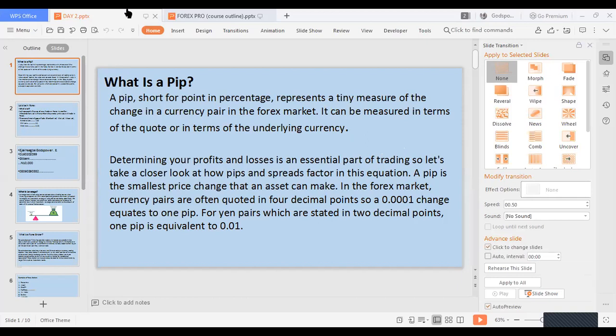All right, let's start. Now, in a simple way, everybody will understand. How is a Pip generated?